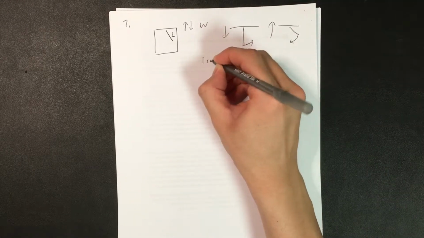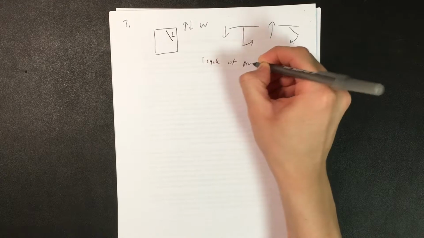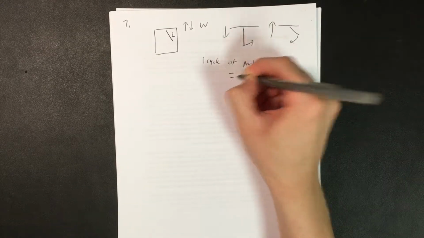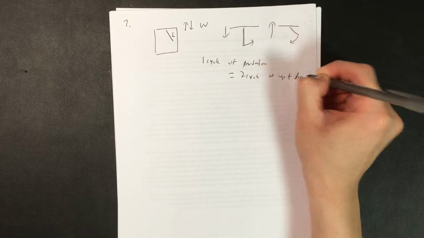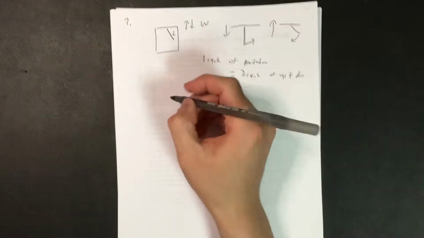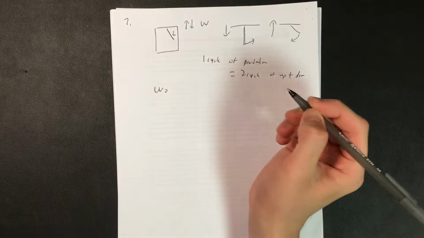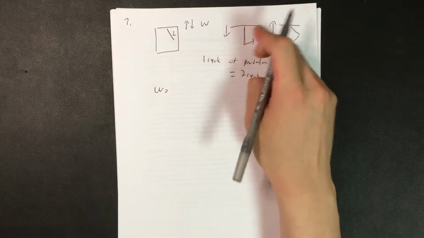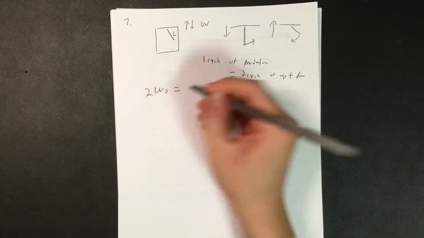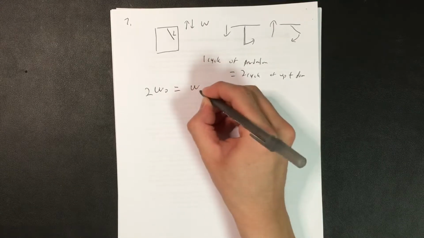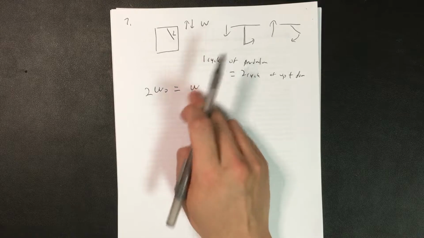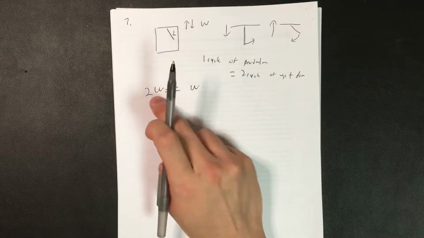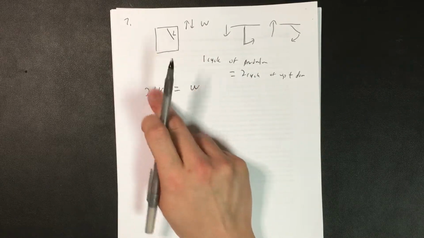Therefore, for one cycle of the pendulum, there are 2 cycles of upward motion and downward motion, which means if omega naught is the frequency of the pendulum, 2 times omega naught would equal omega, the frequency of the shaking, because the frequency of the shaking motion is double the frequency of the pendulum.